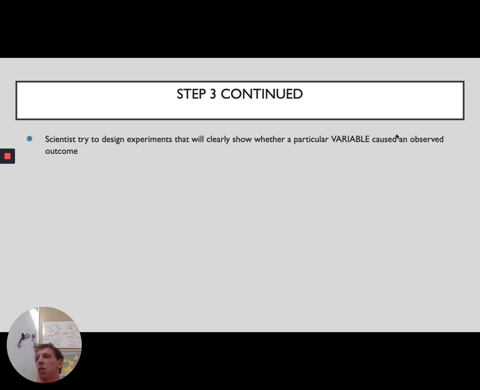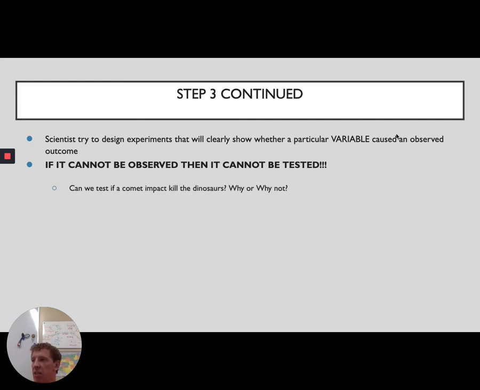So scientists try to design experiments that will clearly show whether a particular variable caused an observed outcome. If it cannot be observed, then it cannot be tested. Can we test if a comet impact killed dinosaurs? Why or why not? Because we can't observe that, we do something else.